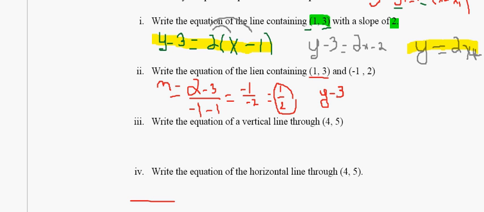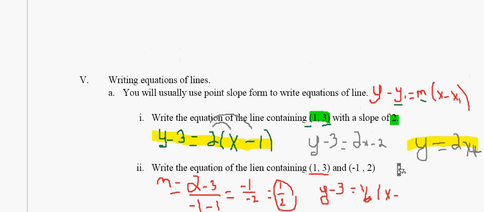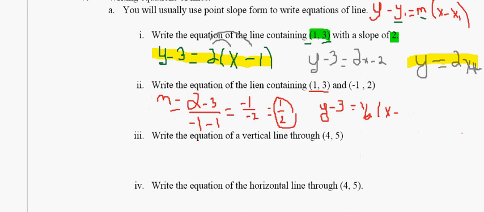Now all I need to do is take a point, either point, doesn't matter, the point and the slope, and put it into point slope form. So I'm going to do y minus the y coordinate equals my slope times x minus the x coordinate.